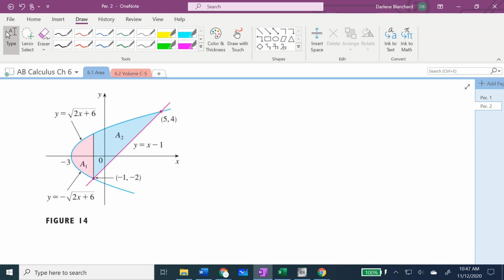If you insist on going this way, you have to solve for y in terms of x, which means you get a plus or minus square root. And also, the bottom function changes from region 1 to region 2. So you have to set up two separate integrals and add those answers together.